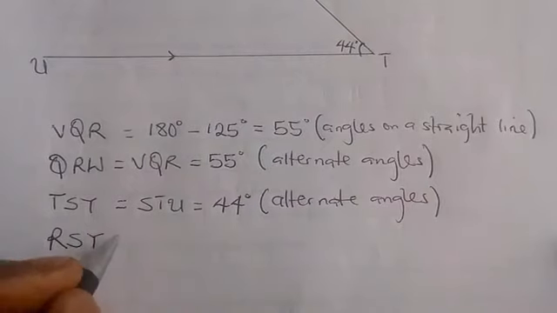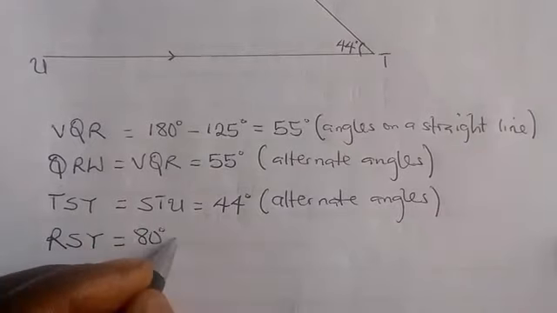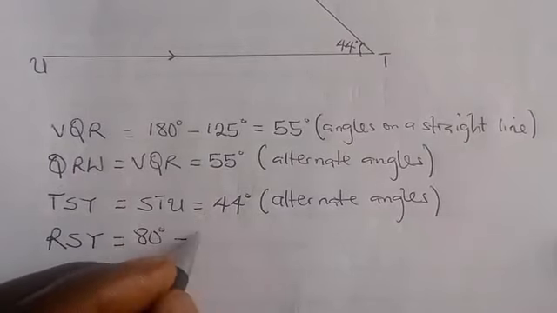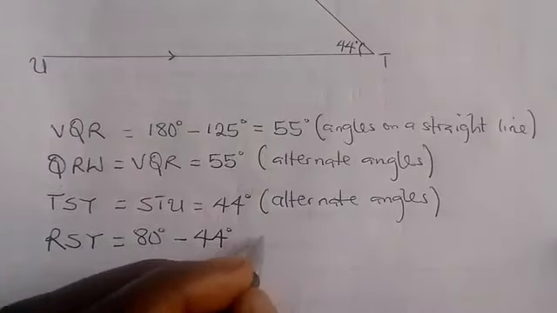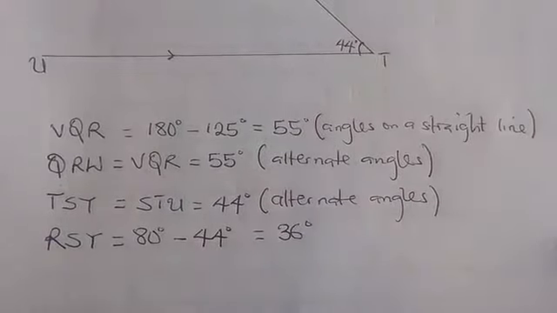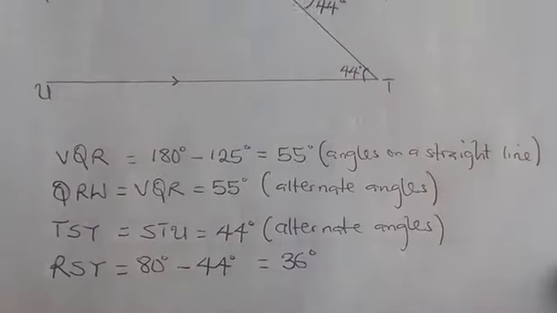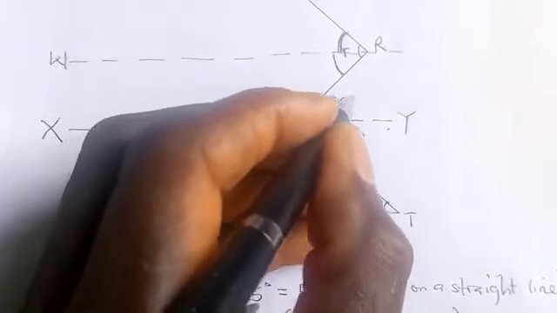RSY equal to, we are going to subtract TSY from 80 degrees. That's 80 degrees minus TSY that has been found to be 44 degrees. So that will give us 36 degrees. Okay? This place is 36 degrees.